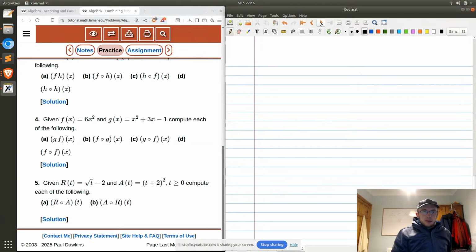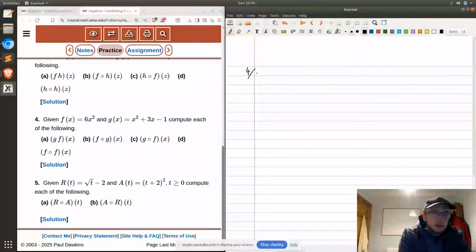All right, problem 4. We're given two functions f and g. F is a quadratic function, f of x equals 6x squared. And g is a quadratic function, g of x equals x squared plus 3x minus 1. First, compute their product, g times f.